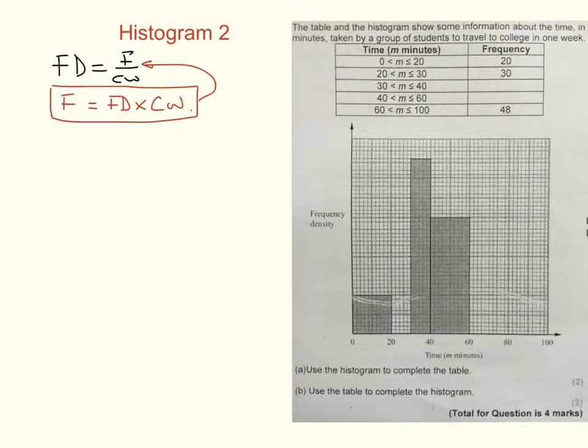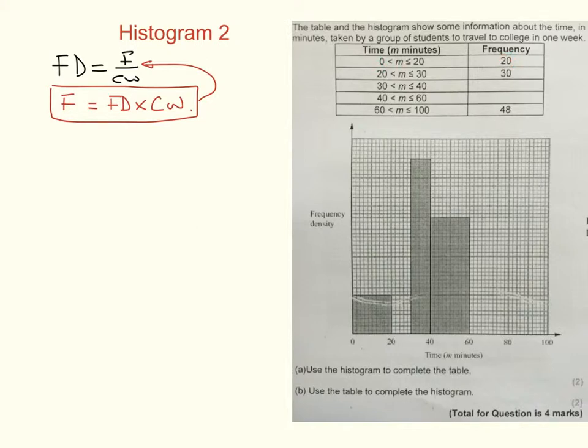Now that we've got that sorted, let's inspect this graph to see what's going on. You can see we've been given some information. Some of the bars, I should say, are missing, because they've now asked us to complete the histogram. But let's deal with this problem here first. Use information that you know. For example, I've got 0 to 20 and it has a frequency of 20.